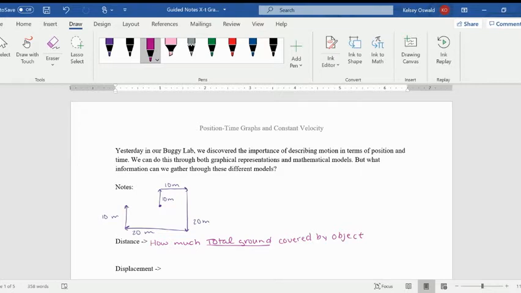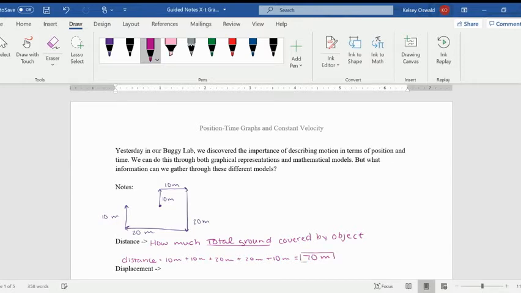So if we look at our example here, if we want to find our distance, we're going to add up the individual distances traveled by the object in total. So first we went 10 meters up, then we went 10 meters to the right, then we went 20 meters down, 20 meters to the left, and 10 meters up. So all in all, our object traveled a total distance of 70 meters.